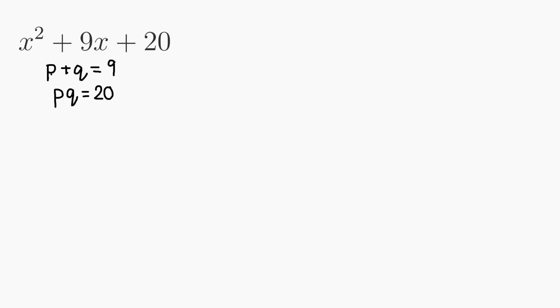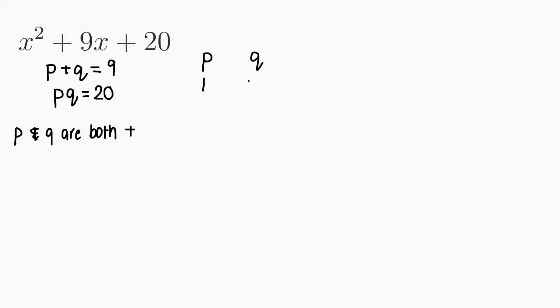However, p plus q is positive, which means that p and q are actually both positive. This is because two negative numbers are never going to give us a positive number. So let's just look at the positive factors to save some time.